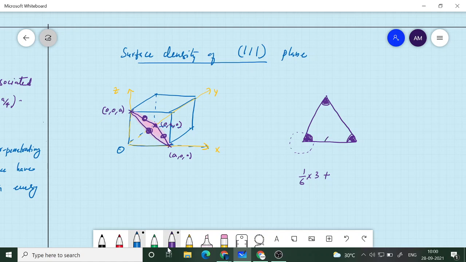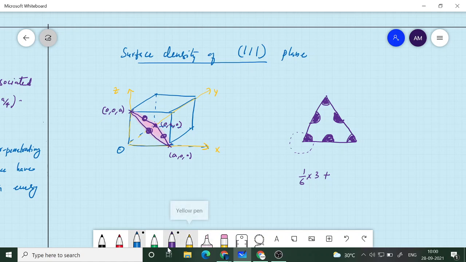So you have half coming like this on each edge, another half coming here. Now what about the 4 additional atoms that came from the second FCC?